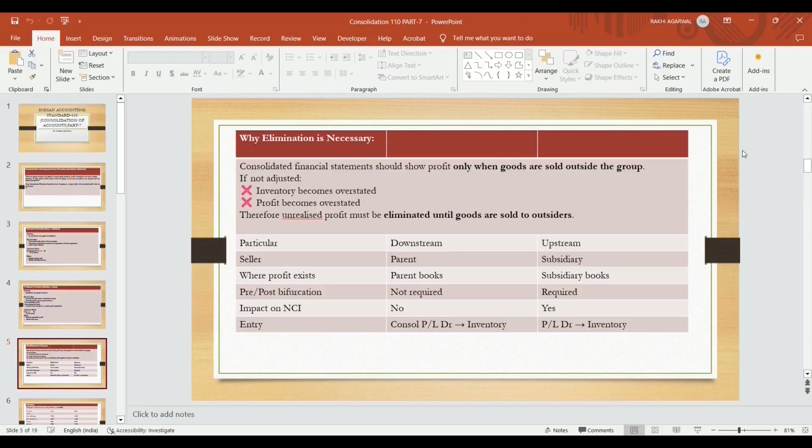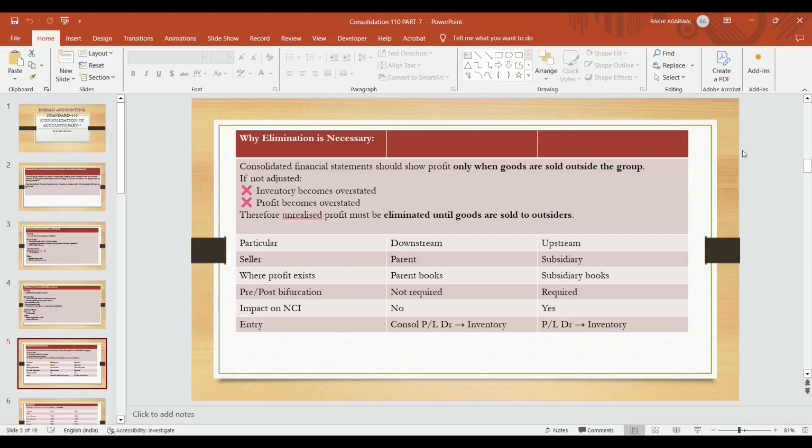If any percentage is held by the parent, that is 70% or 80%, then it should be bifurcated between pre and post, and between the parent and NCI. Impact on NCI: in case of a downward transaction there is no impact, but in case of an upward transaction there is an impact on NCI.